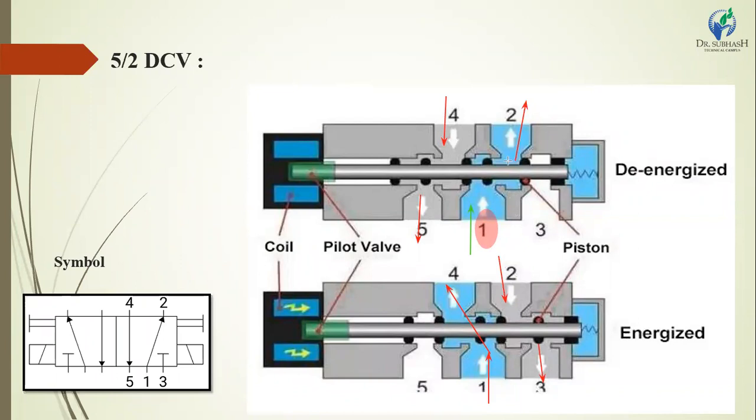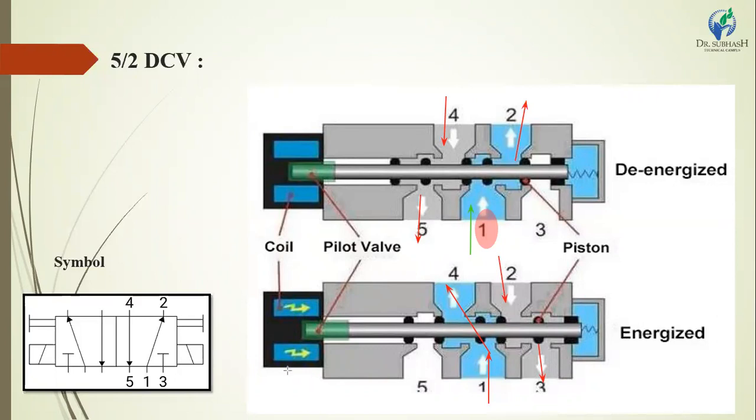This oil can pass from port 2 or port 4 depending on the engaged or disengaged position. Then the oil returns from port 2 to 3, directly connected to a tank, or from port 4 to port 5, also directly connected to a tank.